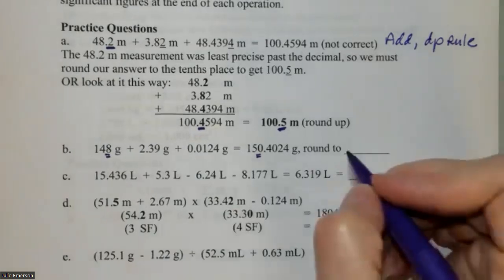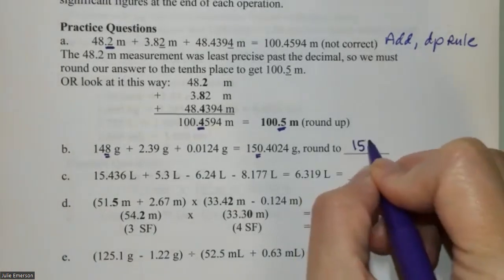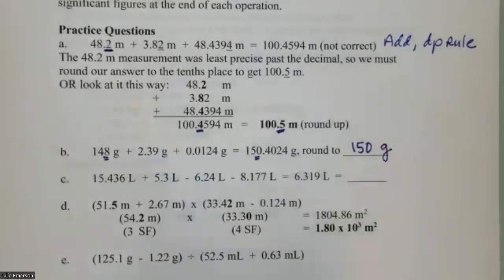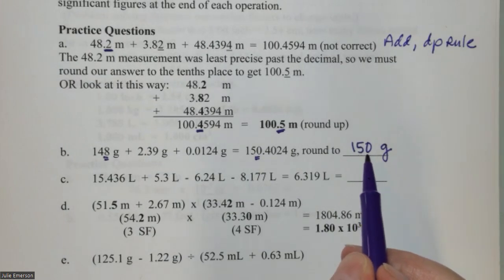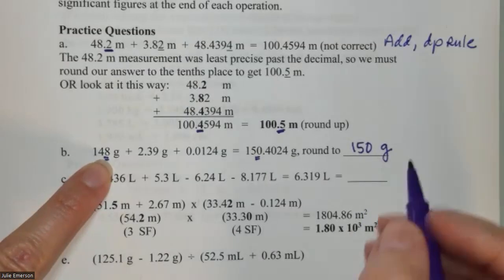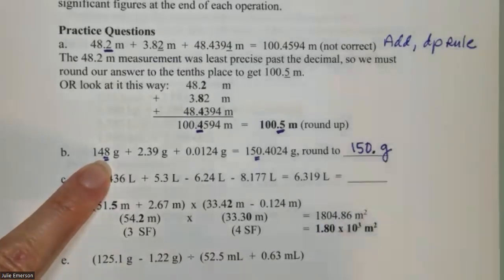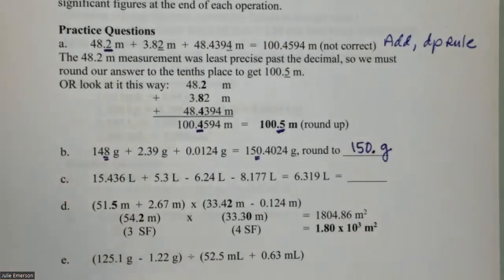So I have to be a little bit careful here, because if I just put 150 and I don't put the decimal on, that's saying that the 5 is the last sig fig. Because I need that 0 to be a significant figure, right? Because we're going all the way to the ones place. I want to make sure and capture that with the decimal, all right?